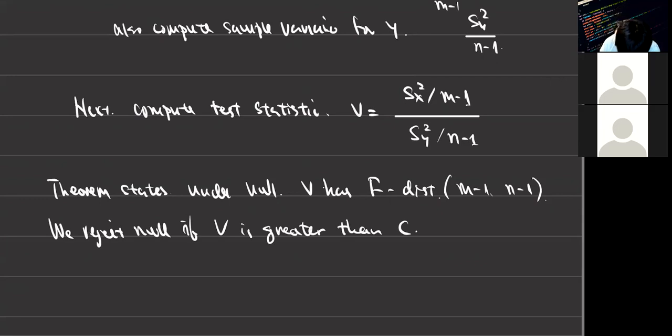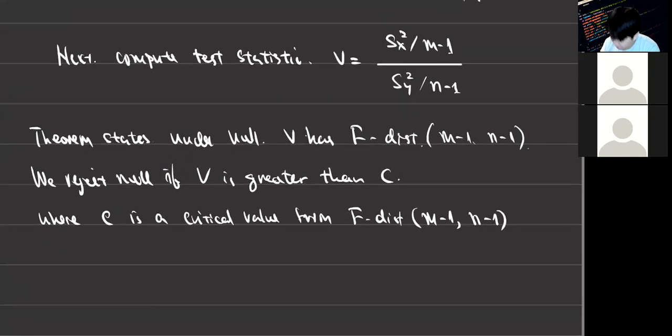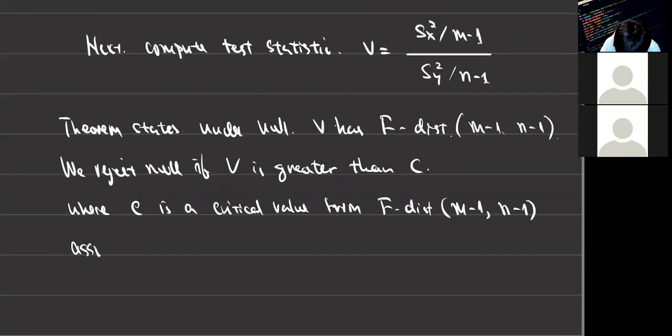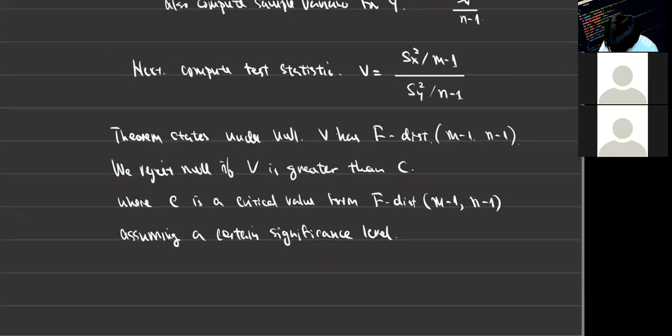C is a critical value from the F distribution with degrees of freedom n minus 1, n minus 1, assuming a certain significance level. Okay, so that's essentially what the theorem says.